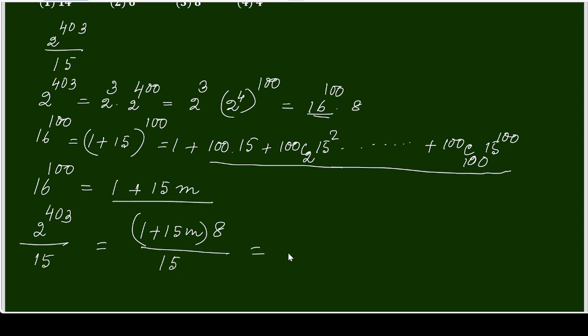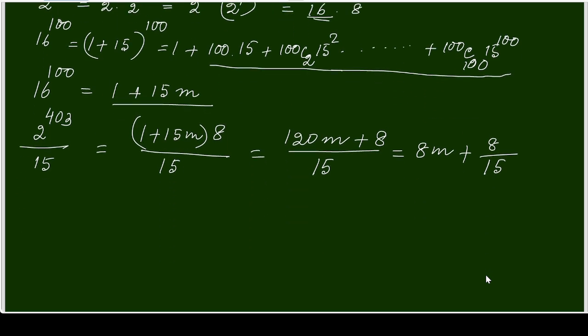So this can be written as 120m plus 8 over 15. Since 120m is divisible by 15, this will be 8m plus 8 over 15. So 8 by 15 is the remainder, or the fractional part.